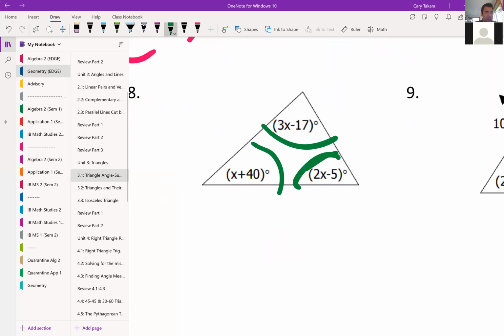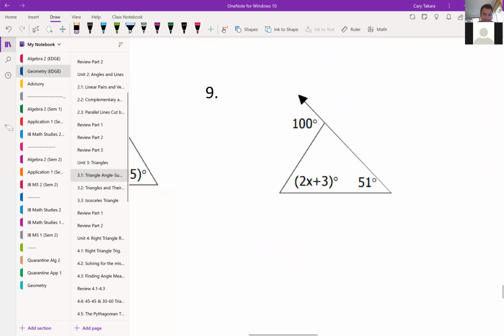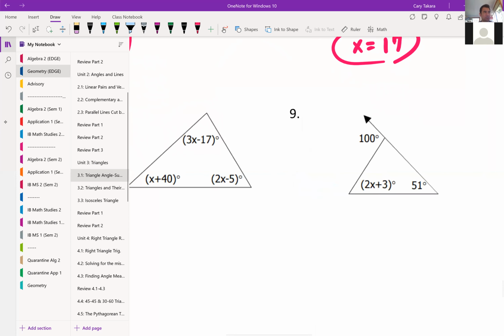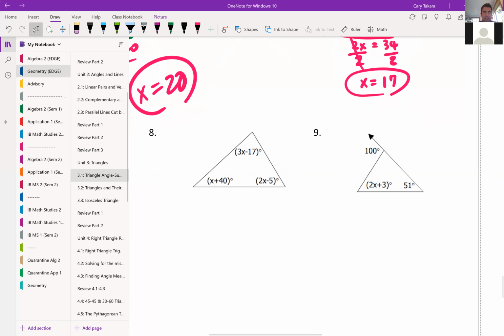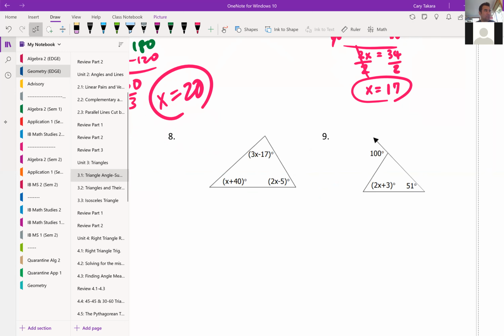That means you add them up equal to 180. Will you be able to recognize that? And then number 9, again, you've got 2 inside, 1 outside, right? So you should be able to recognize which one to use, okay? This one will be angle sum theorem, number 8. Let's give 2 minutes to work on that.